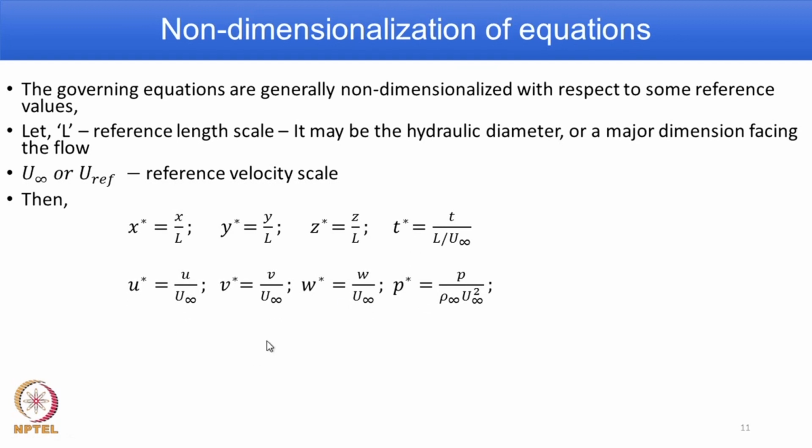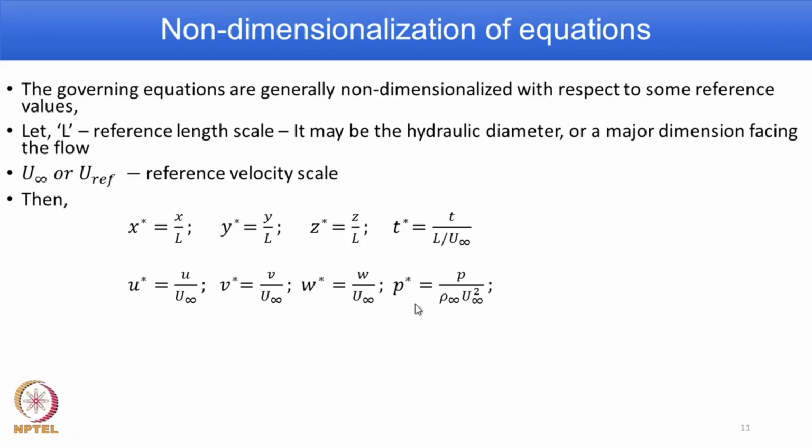In a similar manner you can also do it for velocity. So u star is the non-dimensionalized velocity component in x direction, where u is the dimensional velocity quantity, and u infinity is the reference velocity. So u over u infinity will give the non-dimensionalized velocity quantity u star. You can extend this to get v star and w star.